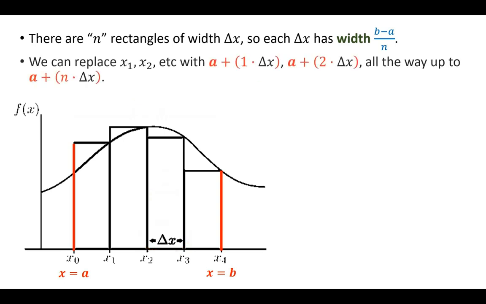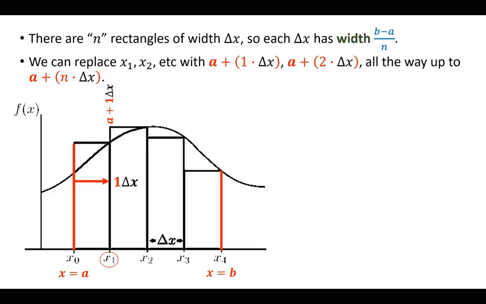Now we can find an expression for each x value corresponding to the position of the vertical side or edge of each rectangle. Since these x values are in multiples of delta x, starting at x equals a, we can say that each x value is a plus some number times delta x. So the first edge is at a plus 1 delta x.